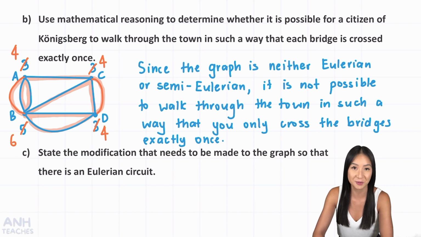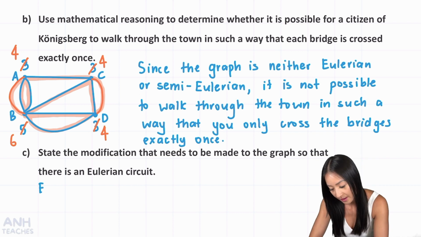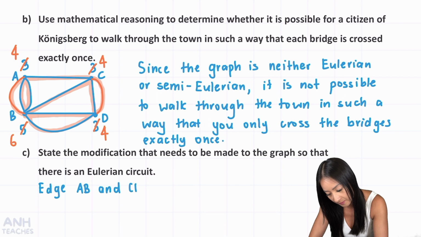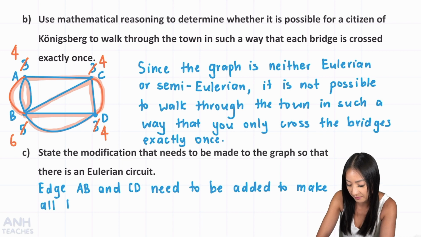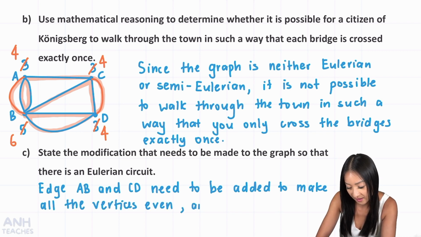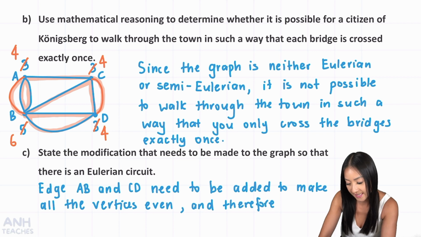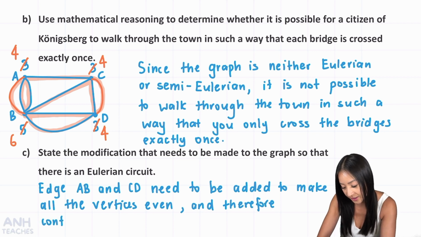I've covered every single edge. It's traversable. There's an Eulerian circuit. Edges AB and CD need to be added to make all the vertices even and therefore contain an Eulerian circuit.